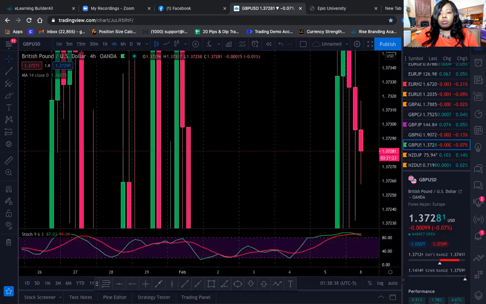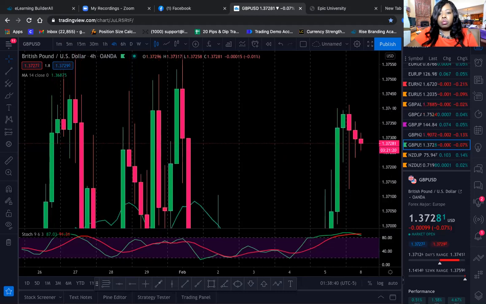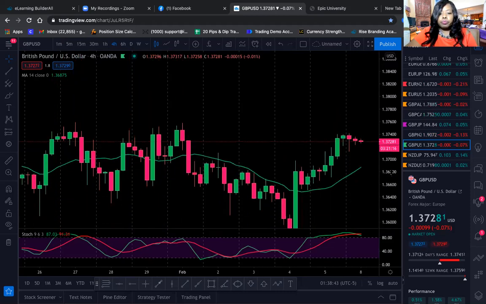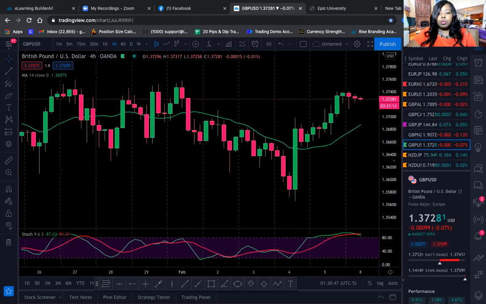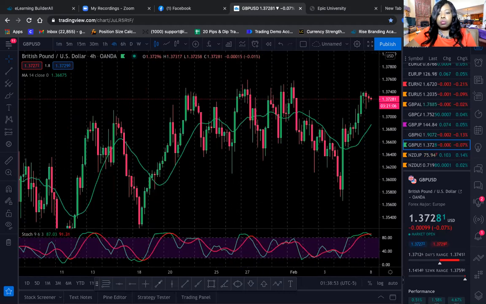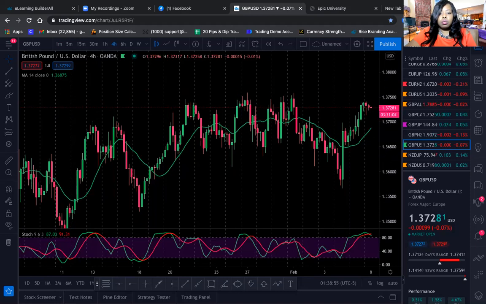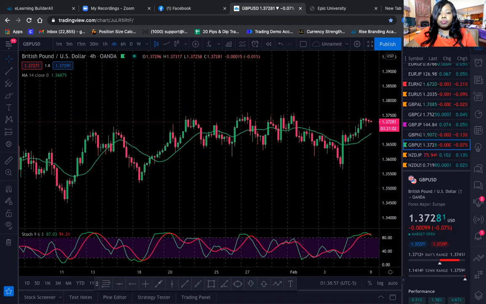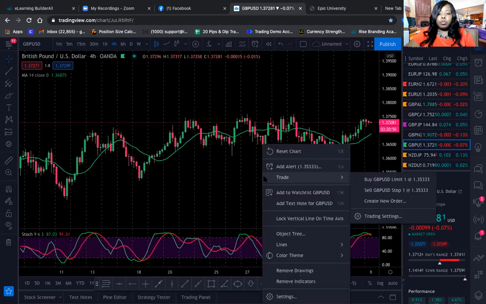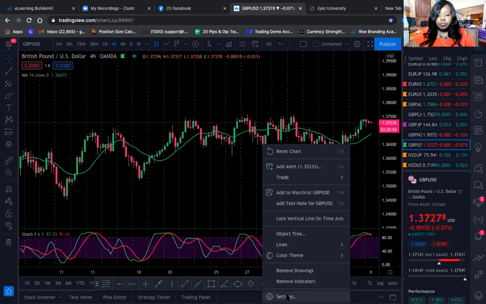I'm going to downsize these candles a little bit so they look normal. Okay, there we go. Now, let's get rid of some of the noise here.